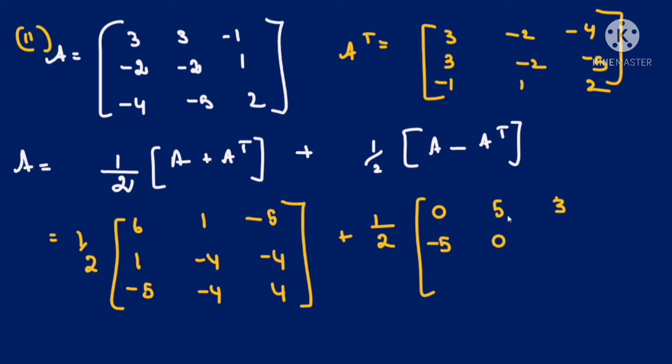Minus 2 plus 2, 0. 1 minus 5 will become plus 5. 1 plus 5, 6. Minus 4 plus 1, minus 3. Minus 5 minus 1, minus 6. 2 minus 2, 0. So we have written it as a sum of symmetric and skew symmetric matrix. That's all.